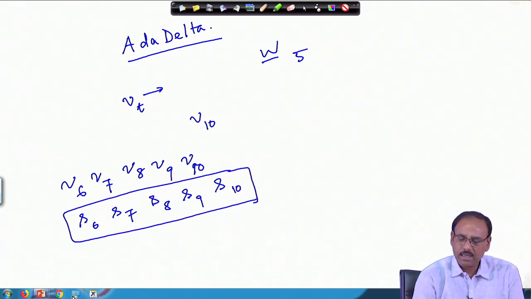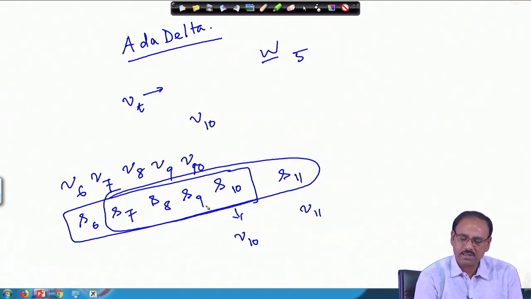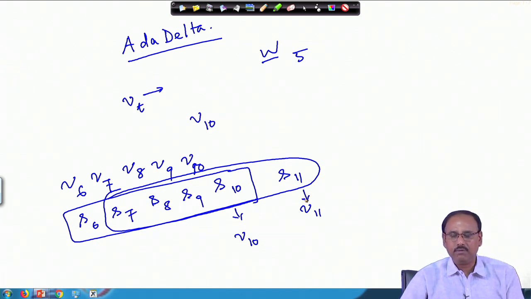This is your V10. When you compute V11, I have S11, which is the next sample. The average will be taken over S7, S8, S9, S10 and S11. That will give you the average of V11. So, you are computing the average over past samples which are within this window size of W. This is what is moving window average.